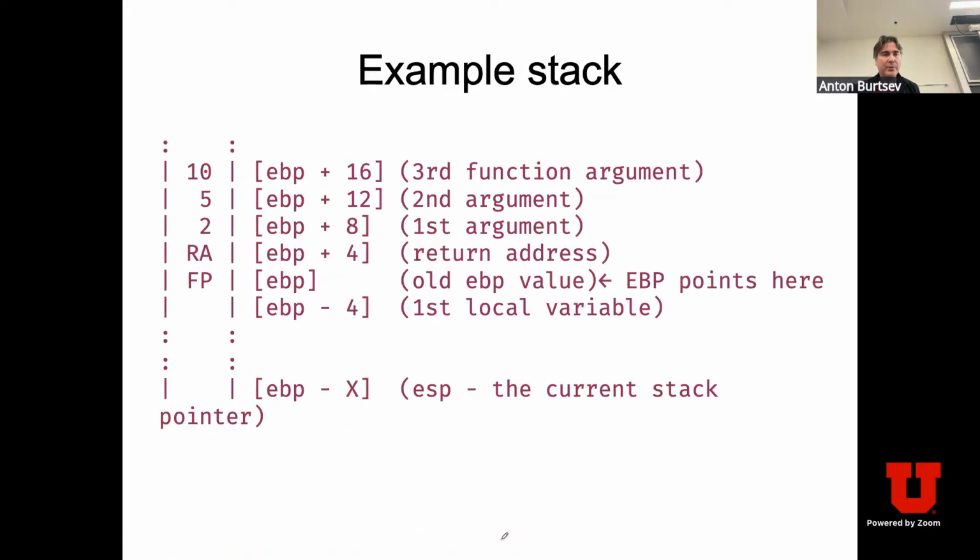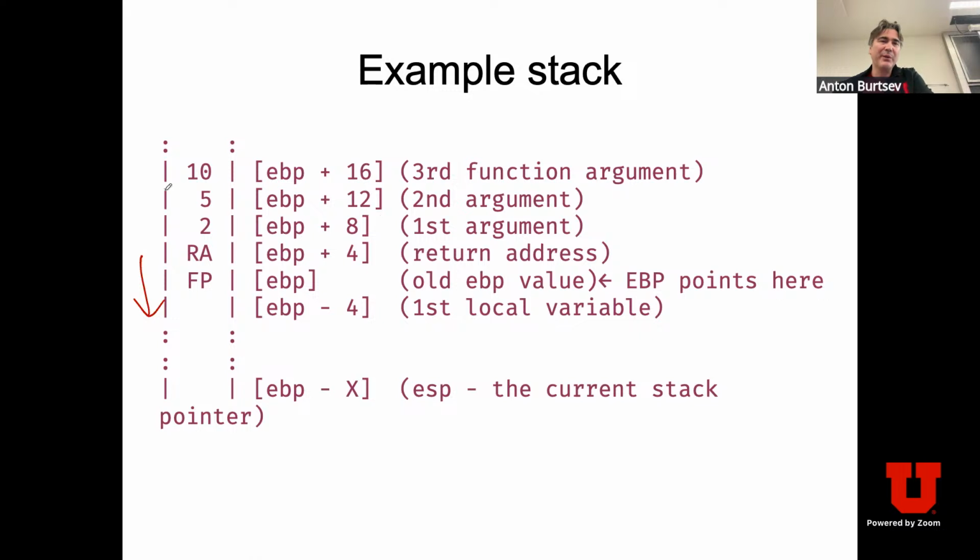So let's go through a couple of examples. A typical layout of the stack is the following. That's what we were talking about, and I just want to remind you. Again, maybe it looks a little intimidating. This is the stack. It grows down, right?